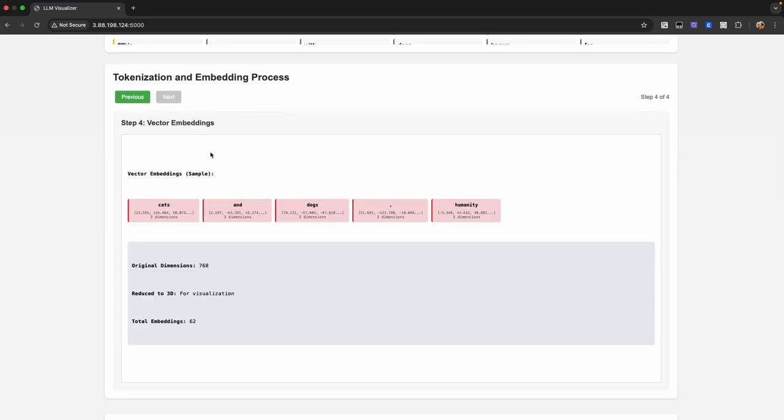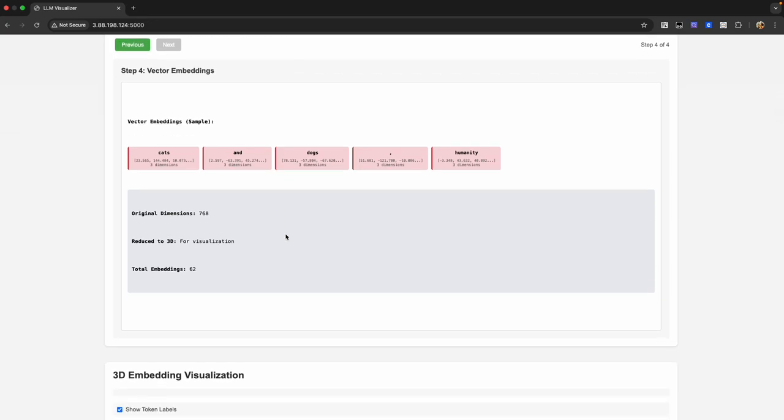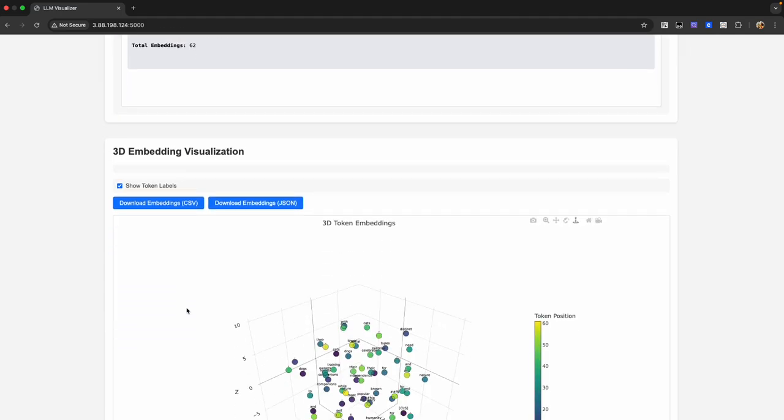After it provides the unique ID to each token, it creates a vector embedding. Here I'm seeing only 3 dimensions. These are the vector embeddings, just for understanding how the vectors look. This is reduced to 3D just for visualization purposes.